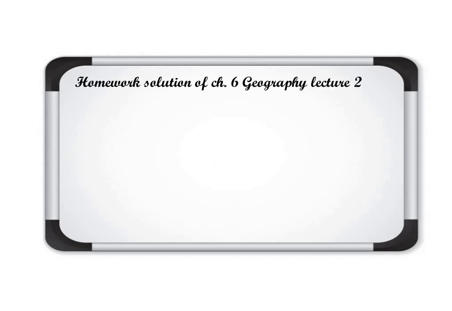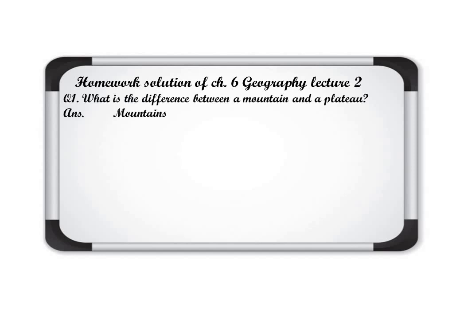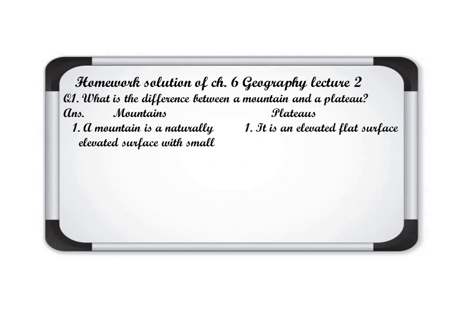Now we will discuss the homework solution of chapter number 6, Geography, lecture 2, that was not given to you. Question number 1 was, what is the difference between a mountain and a plateau? Number 1, a mountain is a naturally elevated surface with a small summit and broad base. A plateau is an elevated flat surface, meaning on the top it is flat.